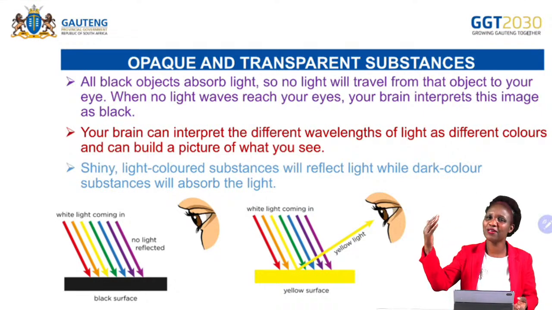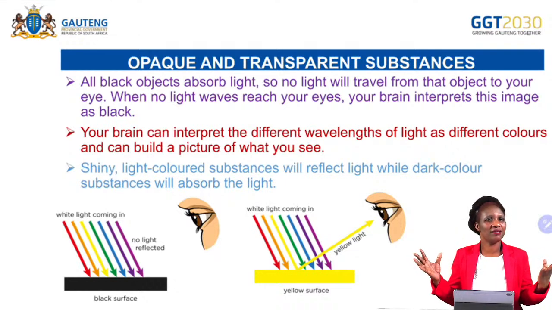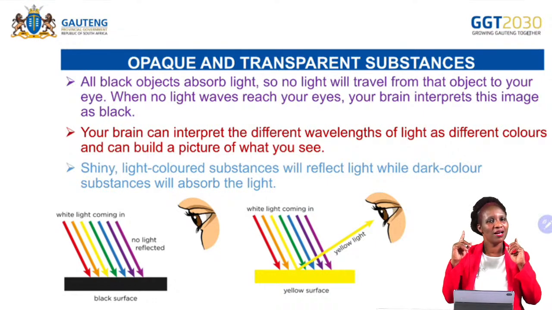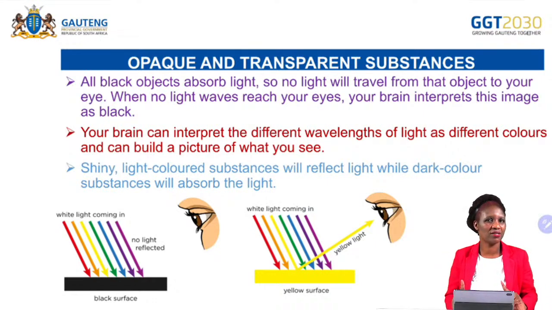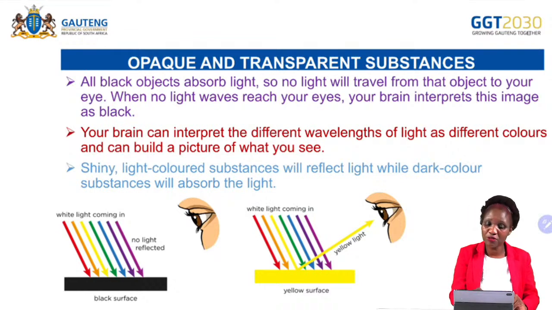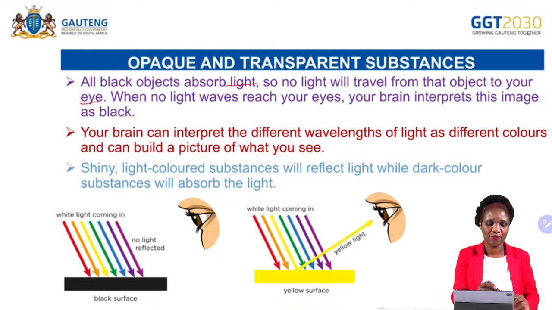If we can see images outside the windows, it means that light can pass through. But if our windows are opaque, we won't see anything outside. Therefore, it means that light cannot pass through. The light is being blocked. You get that? That's very good. All black objects absorb light. So no light will travel from that object to your eye.